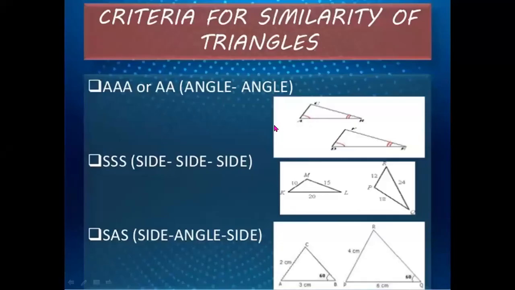Congruent or similar, same meaning. So as I have said, we have the three tests in order for us to identify whether the two triangles are similar or not. Okay, so we continue. We will discuss it one by one.